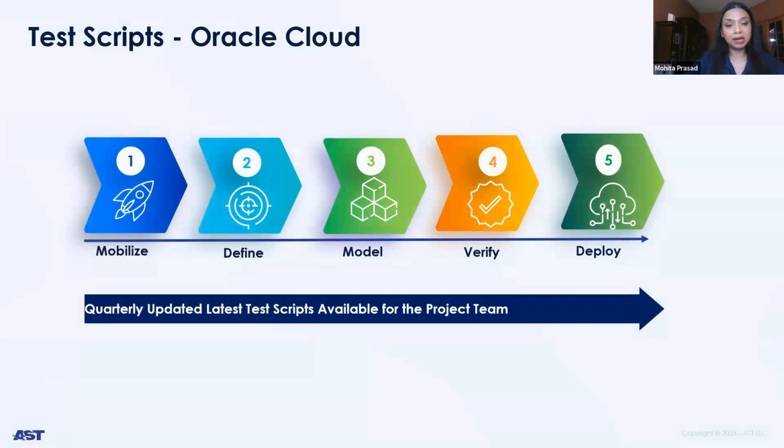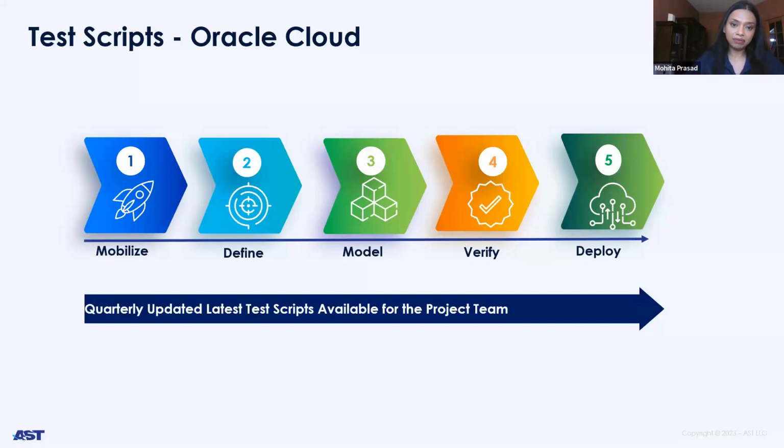And if there is a project that has started in a particular version of Oracle, so let's say there is a project that started with 23B and now 23C has come in and there have been some changes. So we notify them about the delta and how to make sure that they would have made changes and done the customizations in their 23B version document, and how to take care of the delta which has come in 23C.